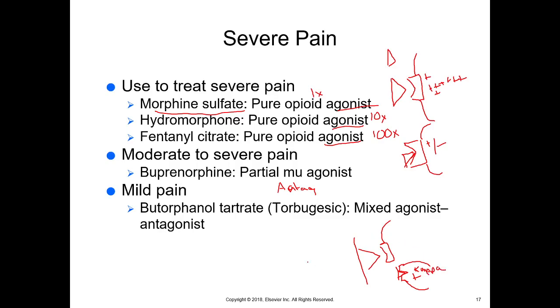Okay, so this mixed agonist-antagonist doesn't fit well into the mu receptor, fits better into the kappa receptor, but it fits well enough into the mu receptor that it will kick these guys out and block them from going in. So it does work as an antagonist, meaning it will block that receptor.